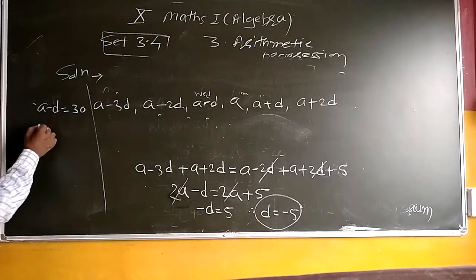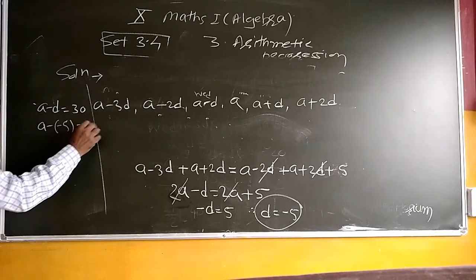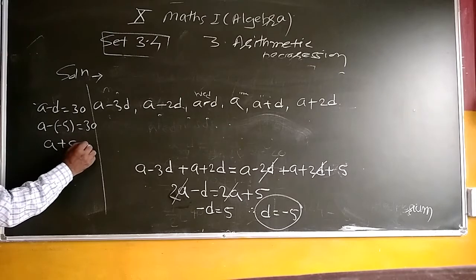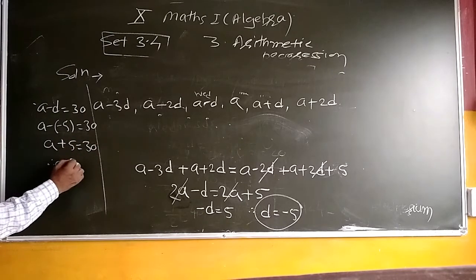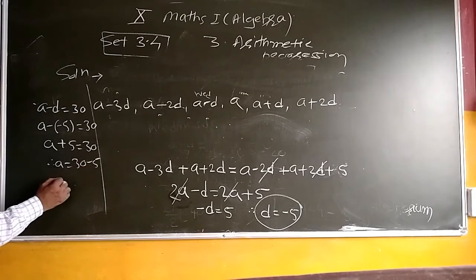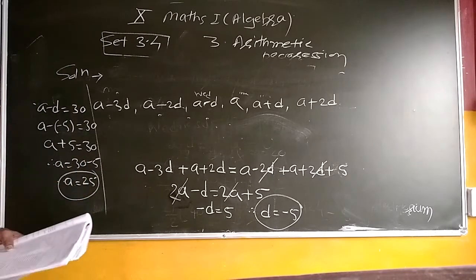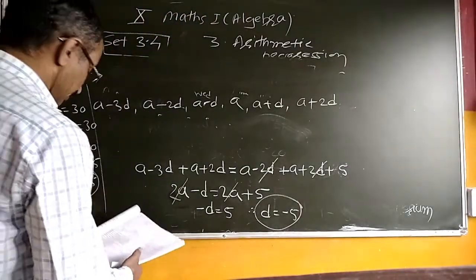Putting the value of D, A minus (minus 5) is equal to minus 30. So A plus 5 is equal to minus 30, so A is equal to minus 30 minus 5.